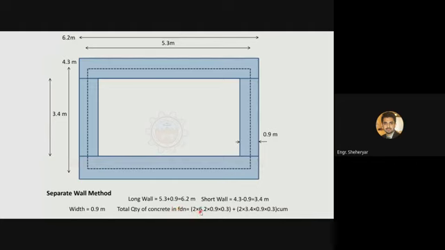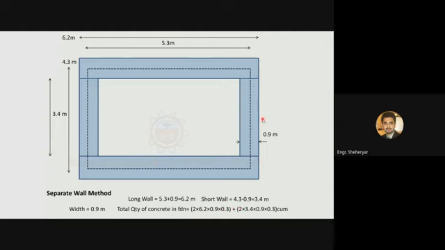The length of the long wall is 6.2 meters. So look at this calculation: 6.2 meters multiplied with the 0.9 meters width, multiplied with the 0.3 meters height of this level, multiplied by 2 because there are two long walls. One is this wall and the other is this.